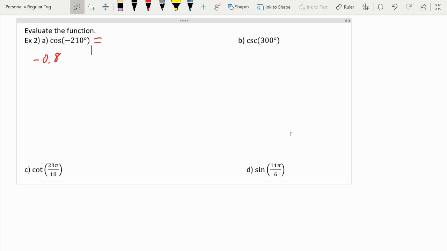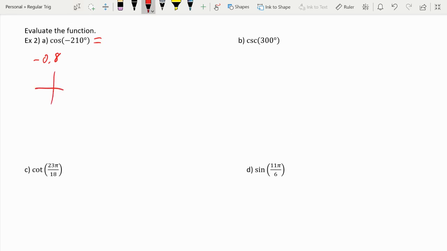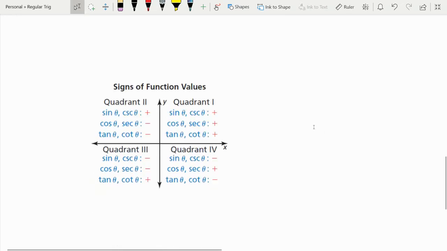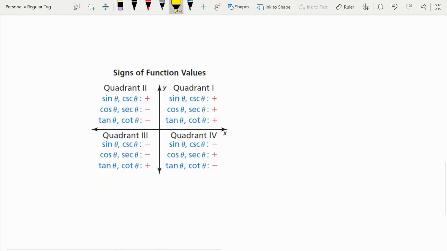It would have been in the second quadrant. Cosine in the second quadrant, our answer would have to be negative. So we knew that our answer had to be negative.